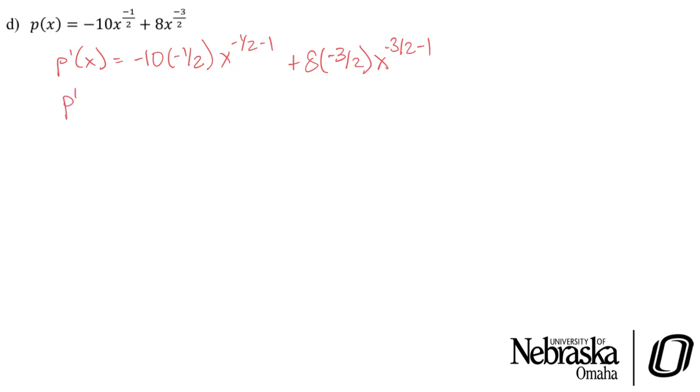Okay, so as we simplify this, we have negative 10 times negative 1/2, which is positive 5. Negative 1/2 minus 1 will give us negative 3/2. 8 times negative 3/2, well, 8 divided by 2 is 4. So 4 times negative 3 gives us a negative 12.